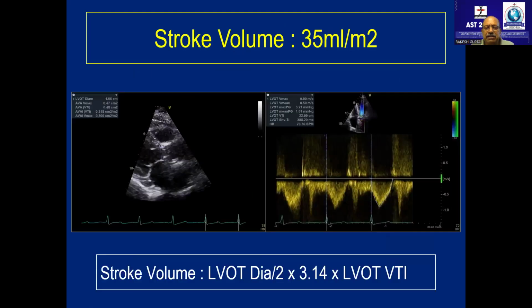The first parameter for looking at aortic stenosis is stroke volume. Let me call up a name one by one now, because everybody has been enjoying for a long time. So let me look at how much they have been enjoying. So Dr. Avinash Balgir. Avinash, tell me, how do you calculate stroke volume?